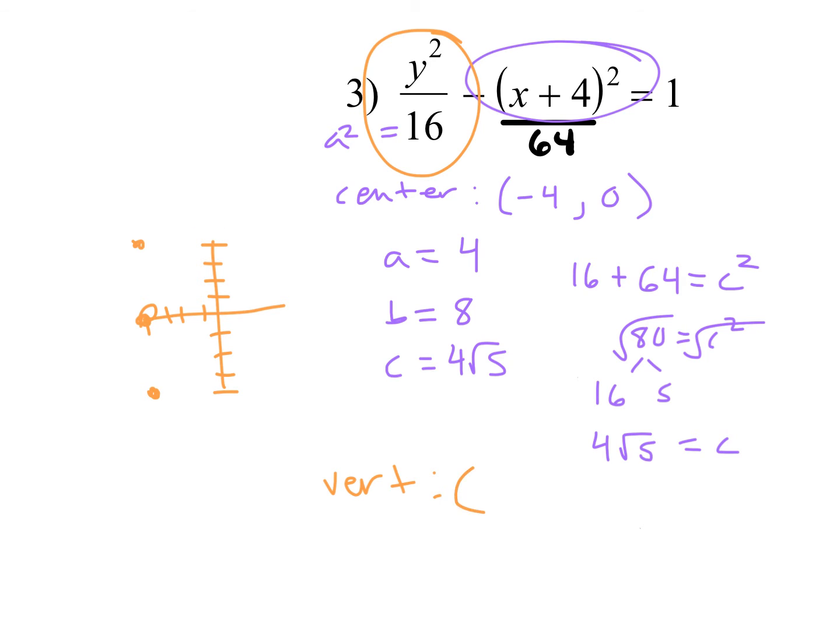So what are my two vertices? So -4, 4, and -4, -4.